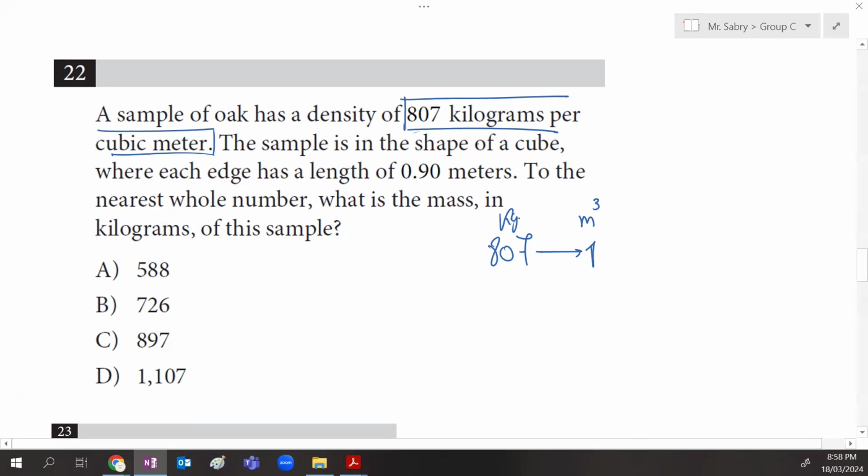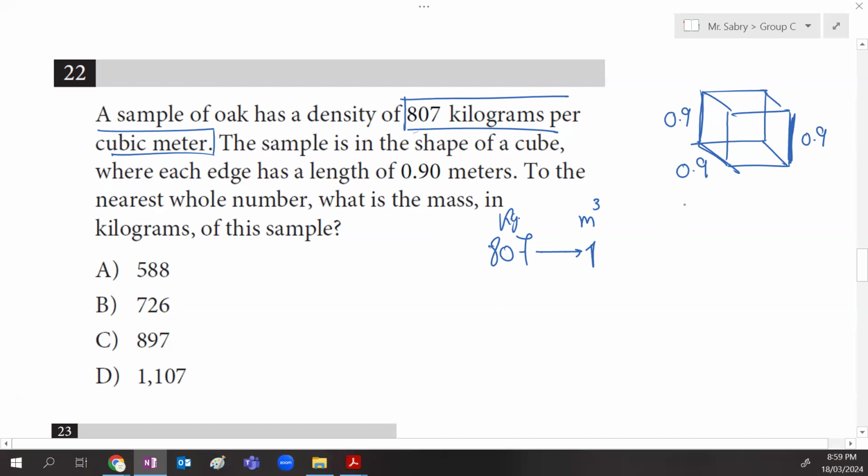There is a sample that is in the shape of a cube. So a cube means all sides are equal to each other. It's a 3D shape. Each edge has a length of 0.9. Each one of those sides is 0.9. So this is 0.9, this is 0.9, and that one is also 0.9.